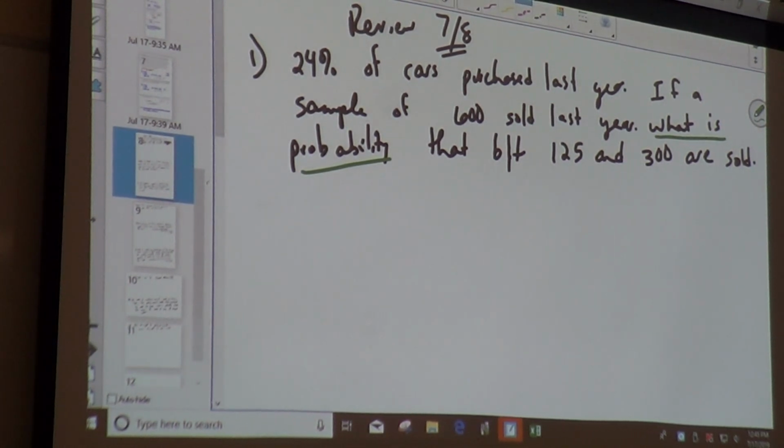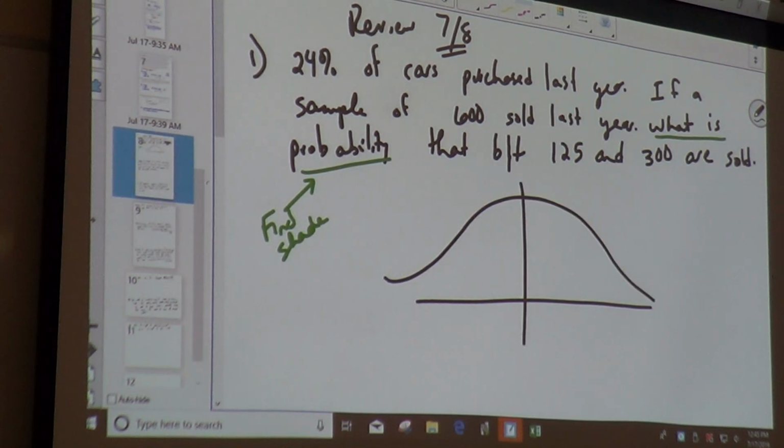Percent probability, the shade. So we're trying to find the shade. We get that from the problem at least. So that means we're doing this kind of problem and we're trying to find the shade. So what kind of problem is this if we're doing it in our calculator, we're trying to find the shade? Normal CDF.